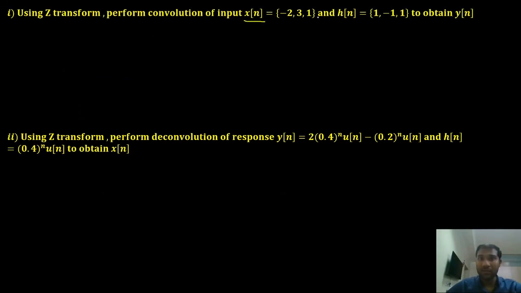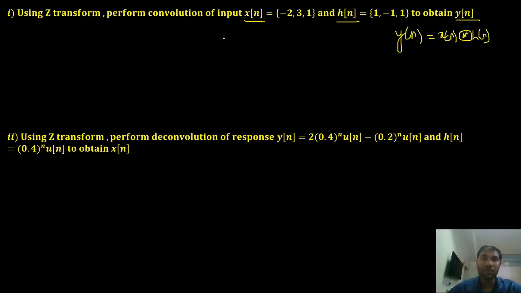Now x of n and h of n are given. Using Z transform, we have to calculate y of n. Now we already know y of n is nothing but x of n convolved with h of n. The output is the convolution of input and impulse response.